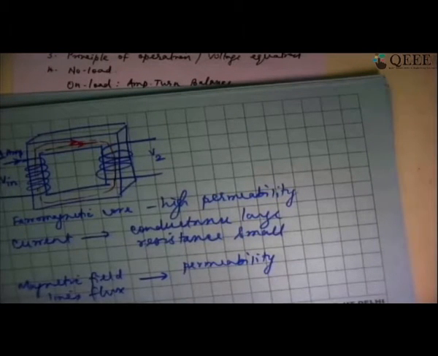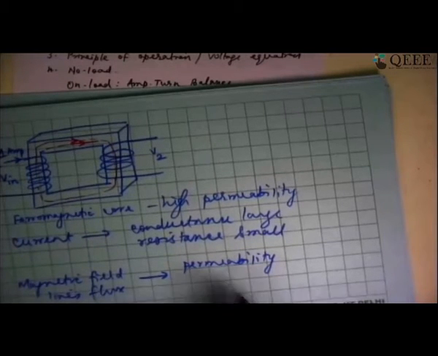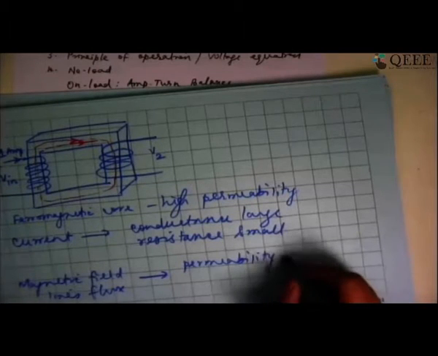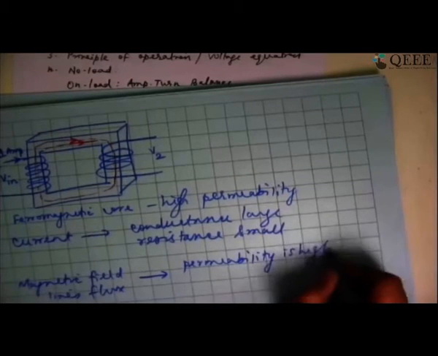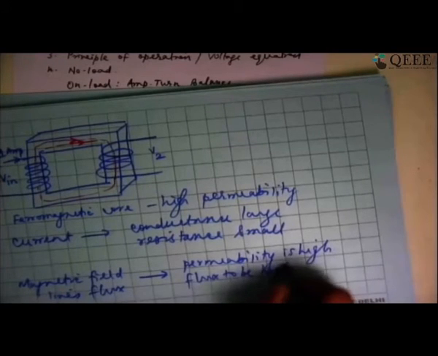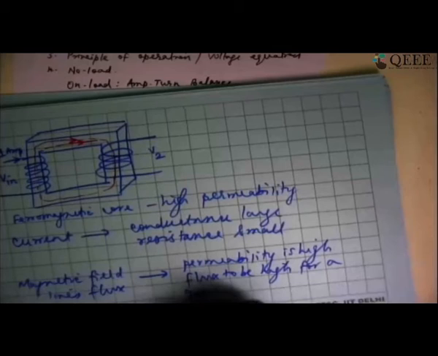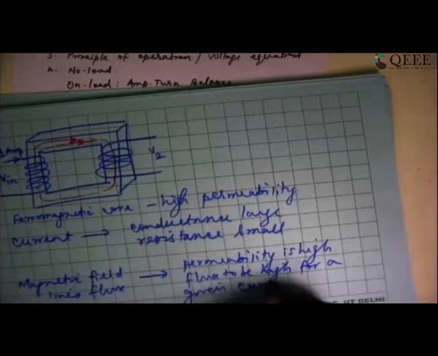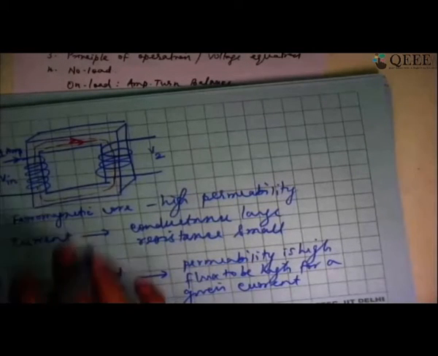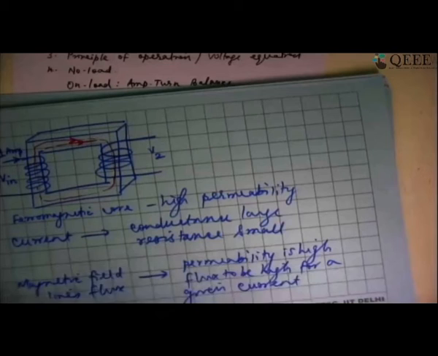Whereas if I have a non-ferromagnetic material, that is maybe wood or something, I'm going to have a very, very small number of flux lines. So if the permeability is high, I'm going to have flux to be high for a given current. So due to the current flowing through the coil, I'm going to have an induced flux, and that induced flux is essentially going to be high if the permeability is high.